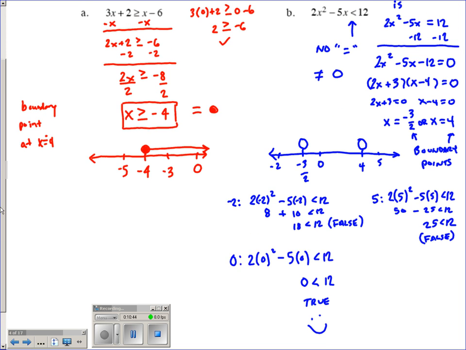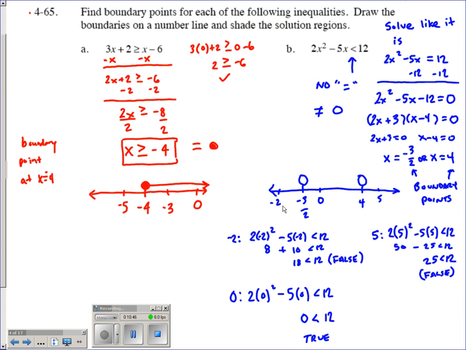So let's go ahead here and mark it on our number line. We're going to say everything that is greater than negative 3 halves. So we can say x is greater than negative 3 halves, and it also has to be less than 4.